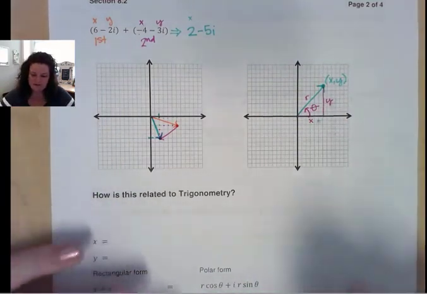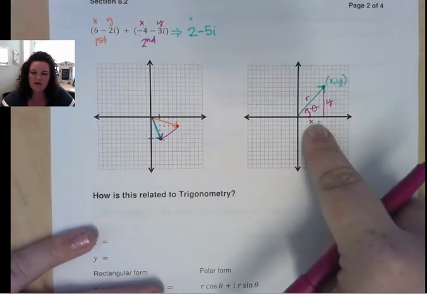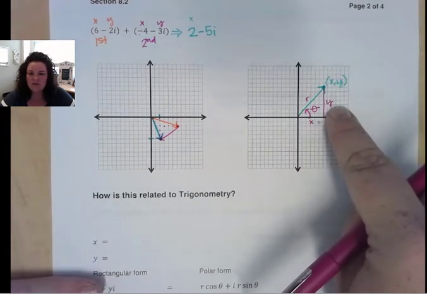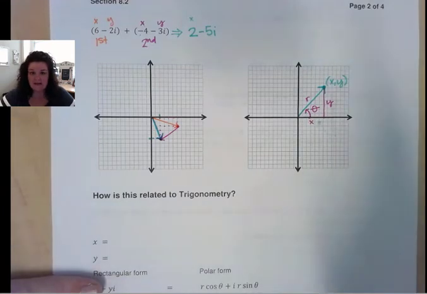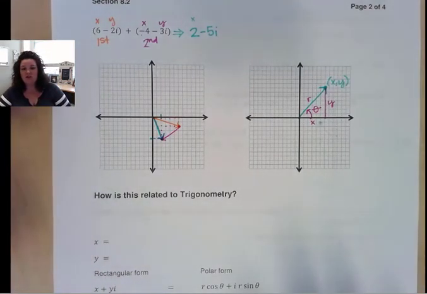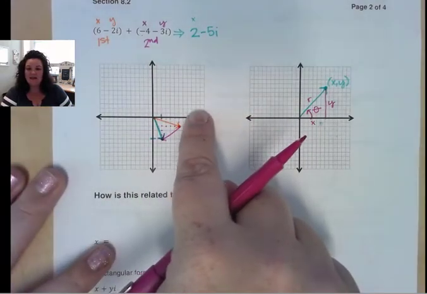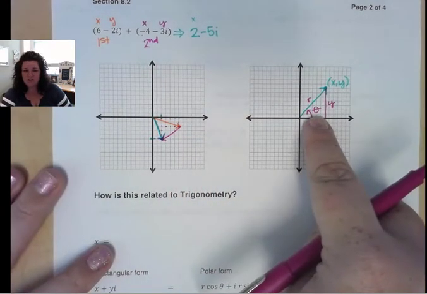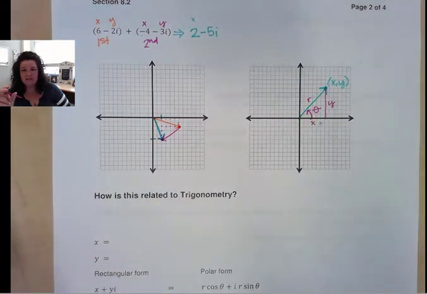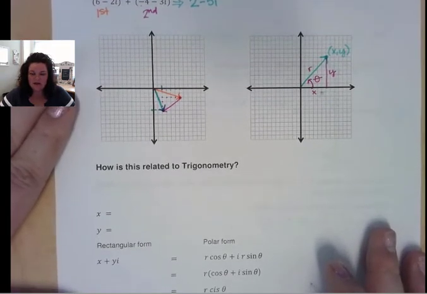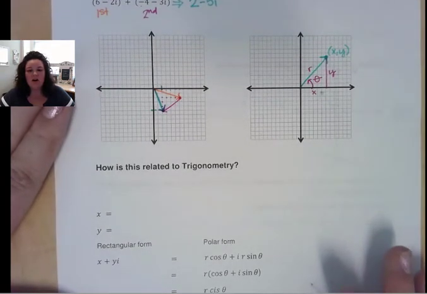So what we want to do is take what we have here and define our x and our y in regards to theta, okay? Because we're trying to switch from rectangular form, which is just an xy axis, into trigonometry or polar coordinates, which incorporate our theta. So we want to be able to write x and y in terms of our angle and our radius.